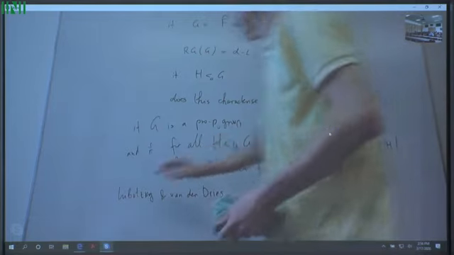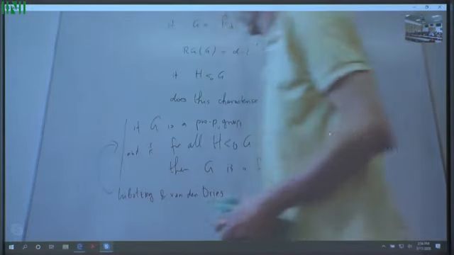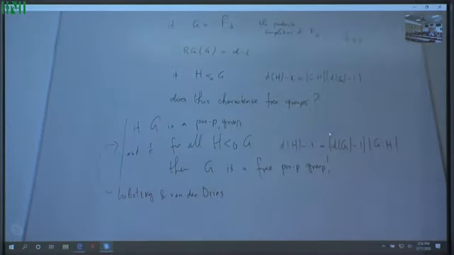Okay, so this is the result by Lubotsky and Van den Dries.